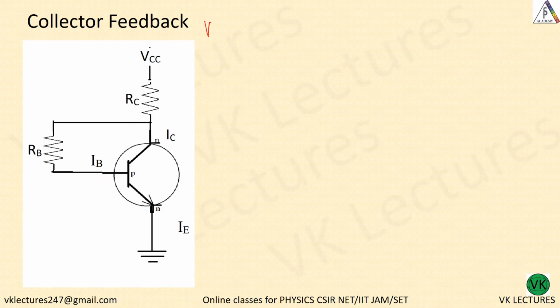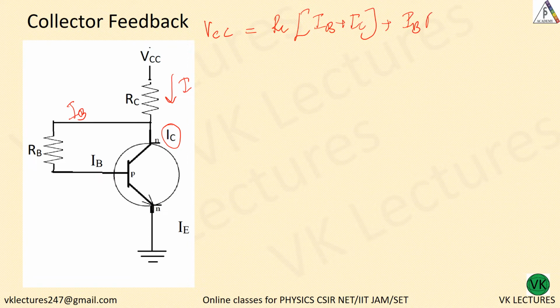So once again VCC is equal to, here through this current is I, and this will be IB, this is IC. So RC into IB plus IC plus IB into RB, to the input side plus VBE.